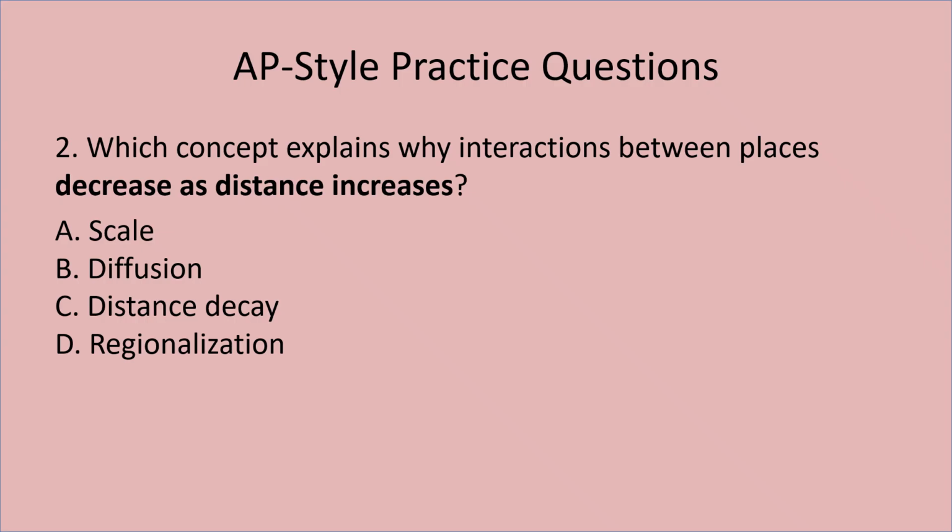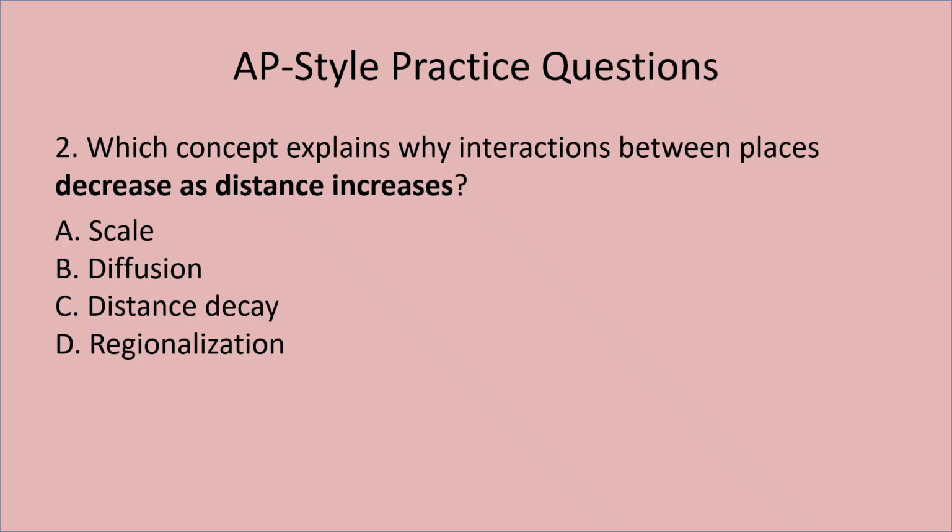Which concept explains why interactions between places decrease as distance increases? Is it A, scale, B, diffusion, C, distance decay, or D, regionalization?